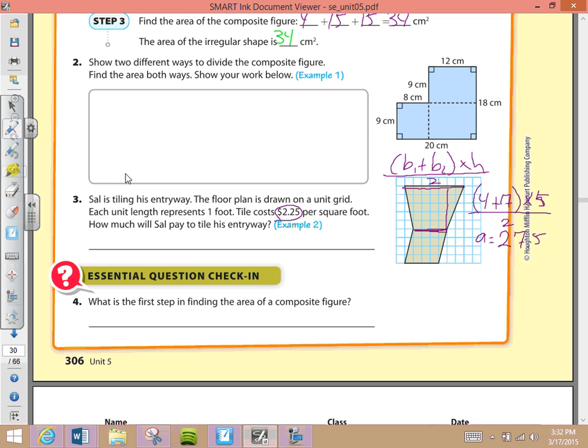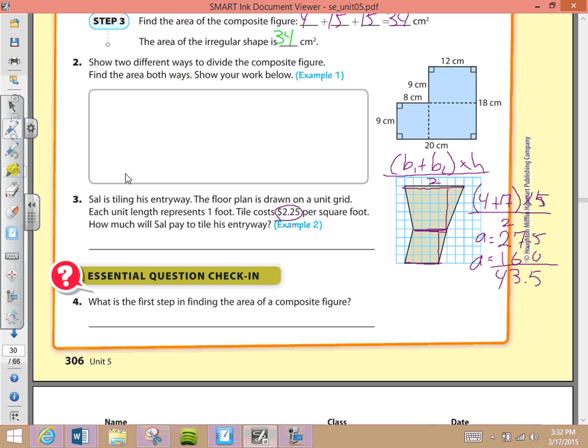What about the parallelogram? That's easy. It's just 4 by 4. 16. Then you add 16 to that, and you get 43.5.